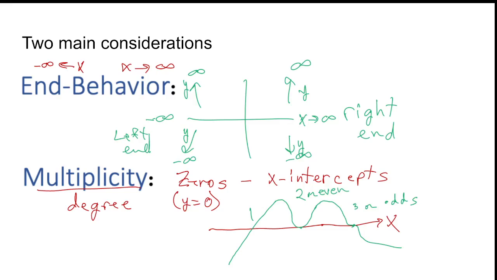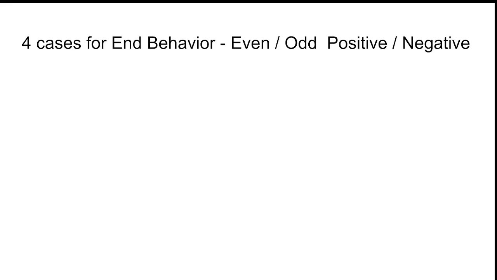And the thing is, we will be able to determine end behavior and multiplicity for the most part by knowing the degree of the polynomial. Now the multiplicity, since it's what's happening sort of close in, we have to look in more detail. But the end behavior will be evident simply by knowing the degree and the leading coefficient. Okay, so there's 4 cases for the end behavior.